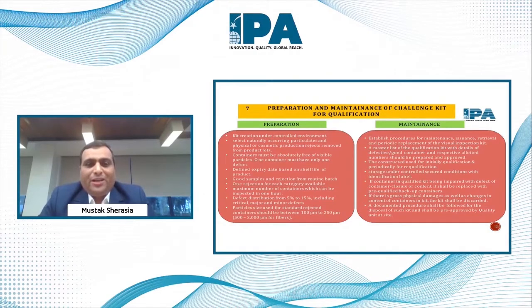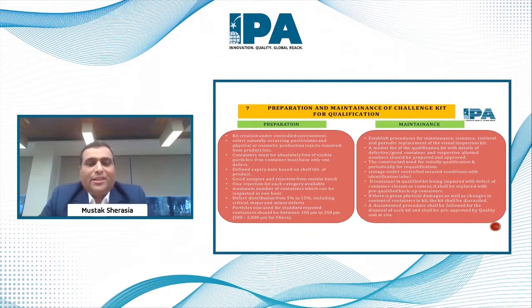The kit has to be prepared in a very controlled environment, and while selecting the kits, very specific criteria should be defined, like being free from particles. The containers should be absolutely free from visible particles, and the expiry consideration is also to be defined.